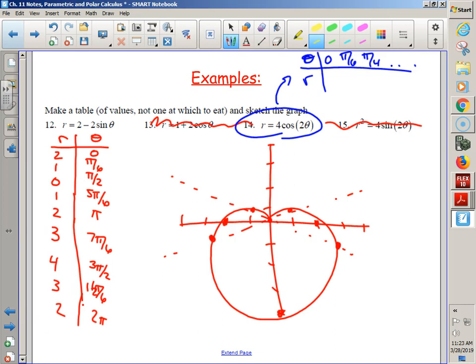And maybe another way of thinking about it is whether you go a positive angle or a negative angle, cosine is the same. It's going to actually have polar axis symmetry.